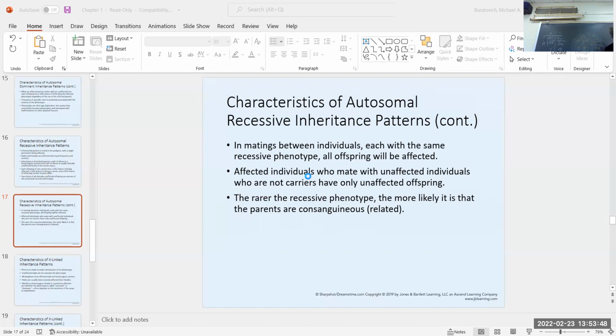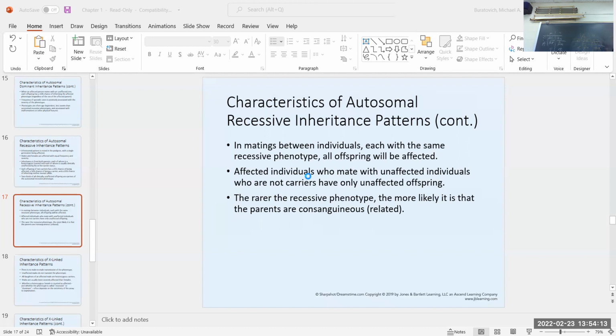This daughter will not be colorblind, but she'll be a carrier for the colorblind allele. This individual here is going to be colorblind, because there is no X chromosome with the wild type allele to oppose this colorblindness.